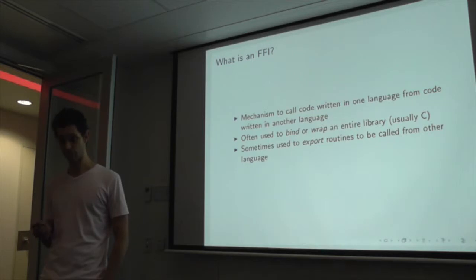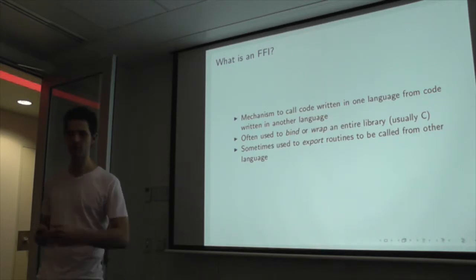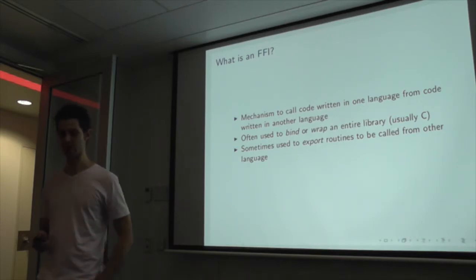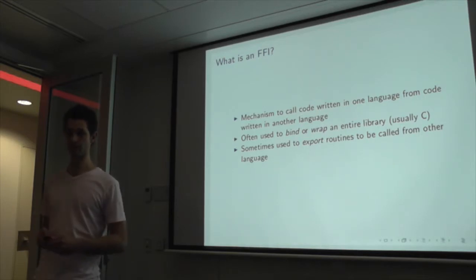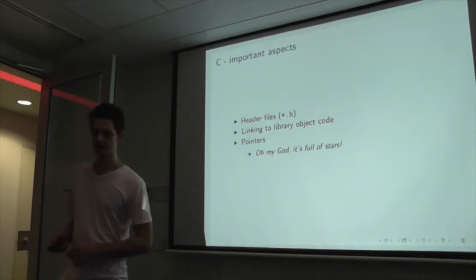You can use an FFI to export a routine, to use as a callback, for example, with another library, or some fancy coroutine work or something. We're not going to cover that tonight, but yeah, you can use an FFI in the other direction, so you're actually exporting functions you've written in one language to be called from another, rather than importing.